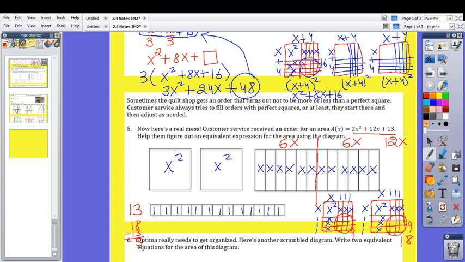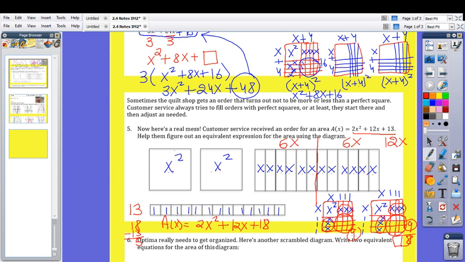So this is how we will be doing it. We will write down AX, and then you have 2 x squareds, and then you have 6 of them here and 6 of them here, so 12 x's. Now you have 9 here and 9 here, so 18 together.